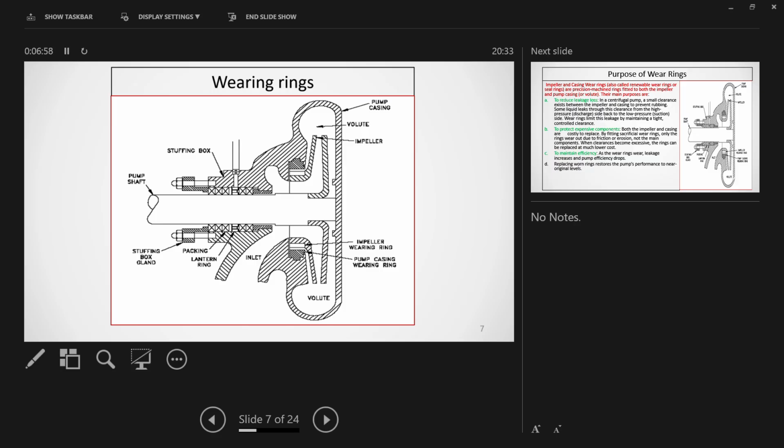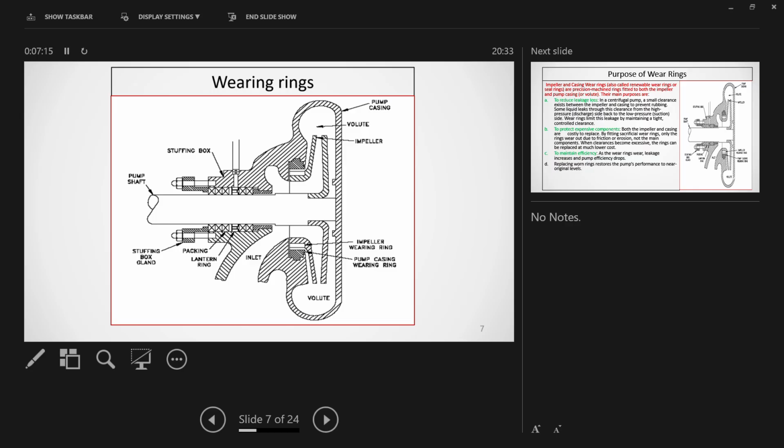What is the purpose of the wearing ring? It can be used on the suction side as well as the discharge side of the impeller. The main purpose: if I do not use a wearing ring, then there will be pump suction and discharge, so both sides of the impeller will be at discharge pressure.